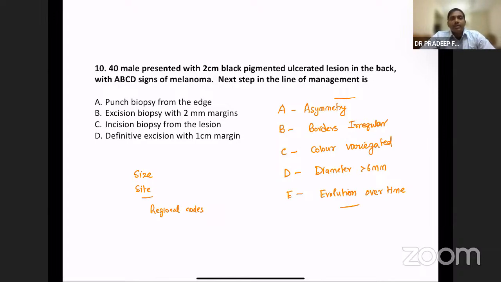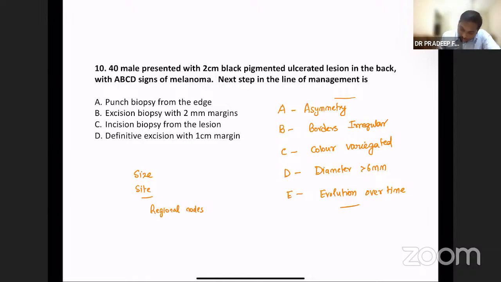Why not punch biopsy or any other biopsy for a smaller lesion? Because we have to prognosticate or risk the lesion by measuring the Breslow's thickness. That Breslow's thickness is possible only if you take an excision biopsy.